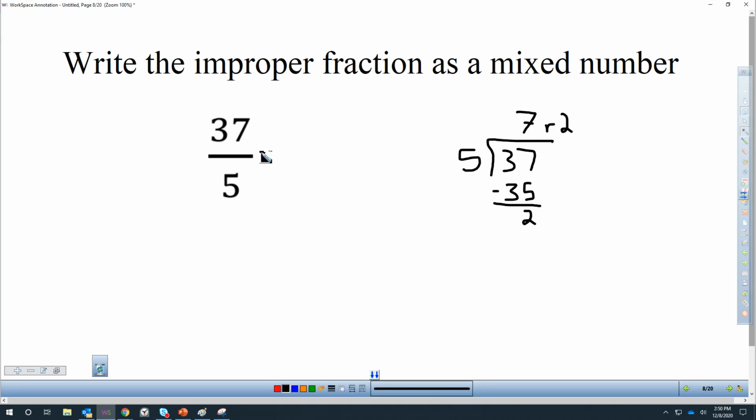Okay, so 37 fifths is equal to 7 plus 2 fifths. Or we can write it as 7 and 2 fifths, the mixed number version, but it means 7 plus 2 fifths. So if you were to do 37 fifths, you would have 7 wholes and then 2 fifths left over.